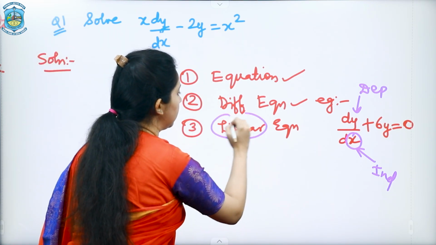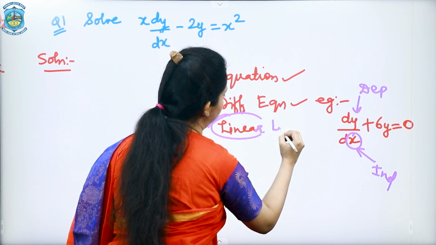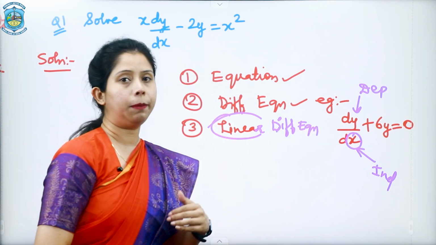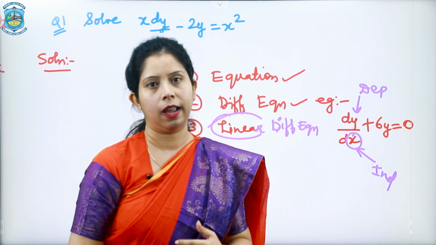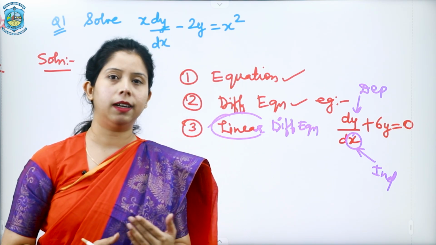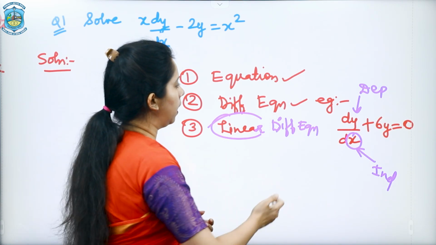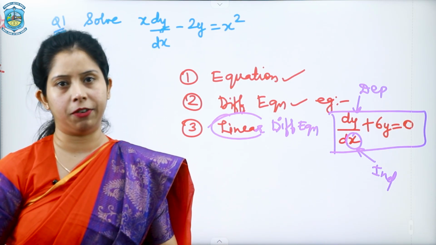Now next is a linear differential equation. If the power of y, that is the dependent variable, and its derivatives are of degree 1, then we say that this differential equation is called a linear differential equation.